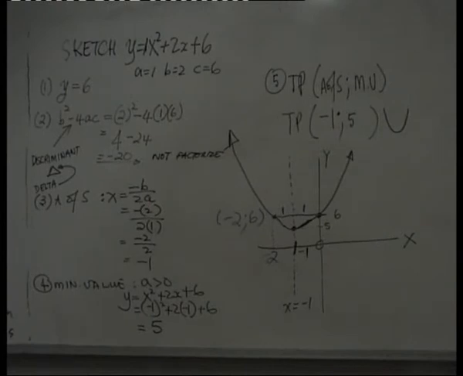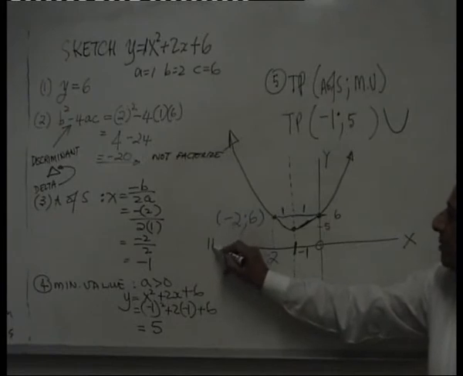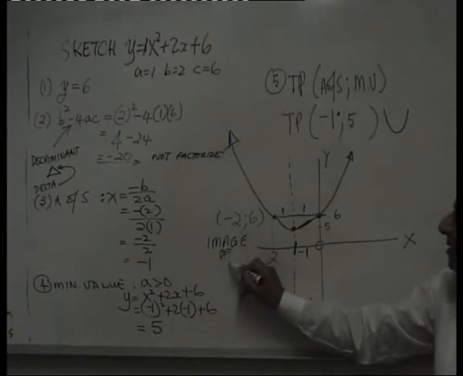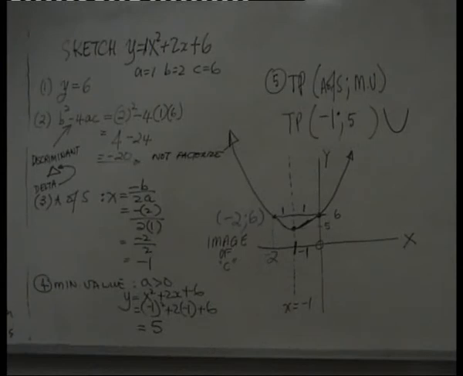That point, minus 2, 6, is called the reflection, or the image, of c, of the y-intercept. It is a reflection of the y-intercept in the line x is equal to minus 1.